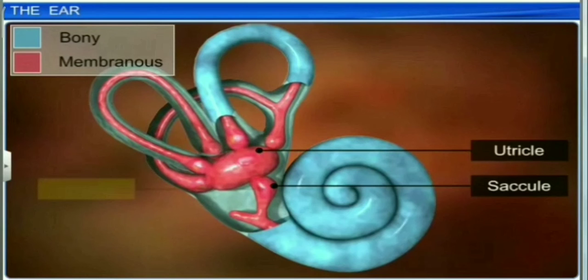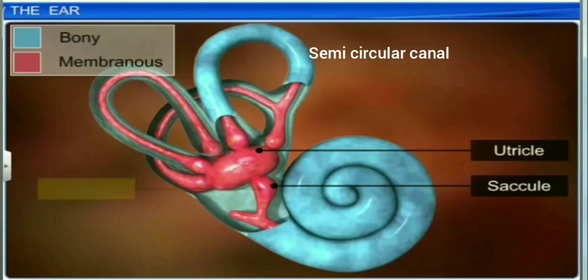Within this membrane, minute particles, otoliths or otoconia, are secreted. These are made up of calcium carbonate and protein. The macula and crista are the receptors sensitive to the position of the head with respect to gravity.